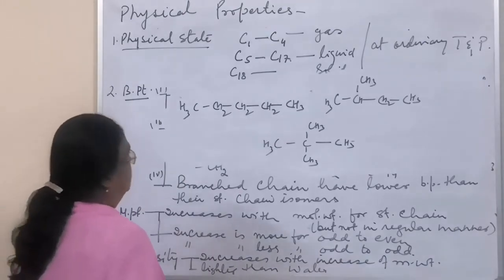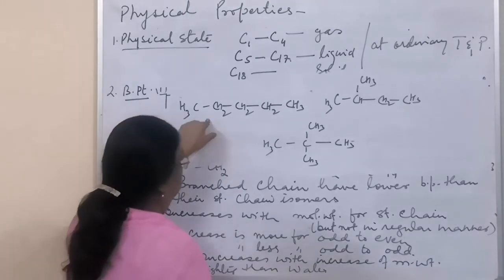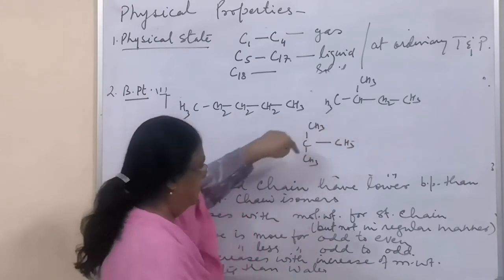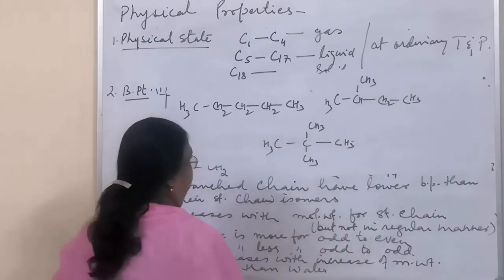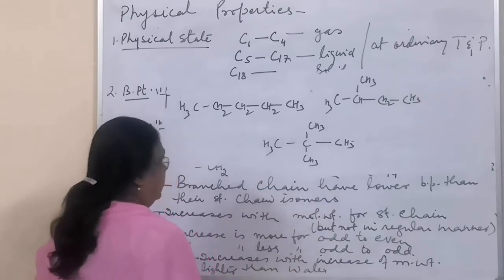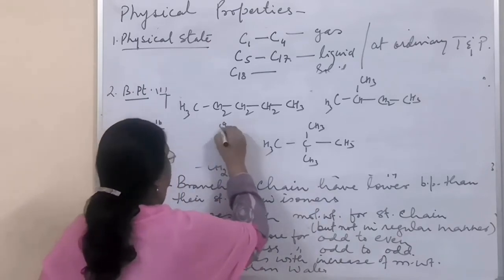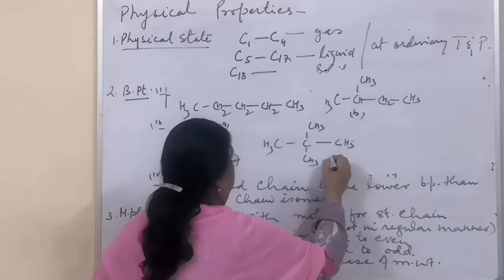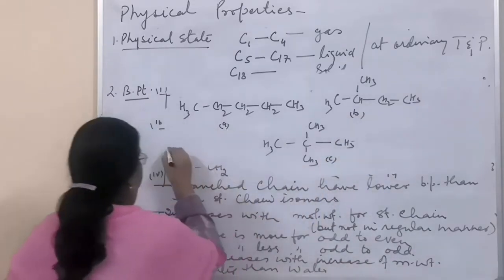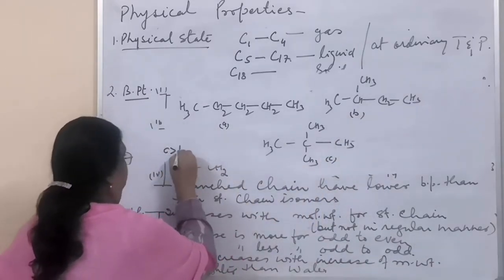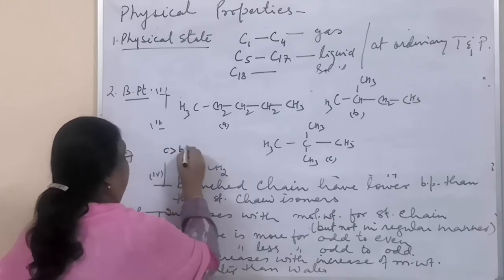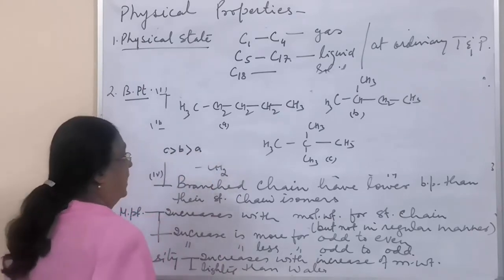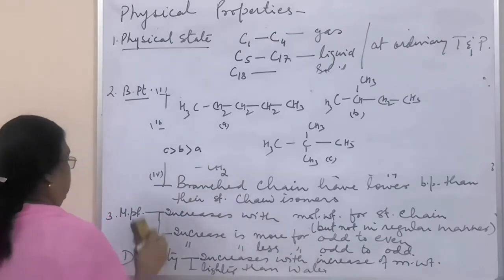So this is the straight chain, branch, more branch. So what have you written? Branch chain have lower boiling point than their straight chain. So this is A, this is B and C. So the boiling point of C will be less than the boiling point of B, and the boiling point of B will be less than the boiling point of A. That is what it means.